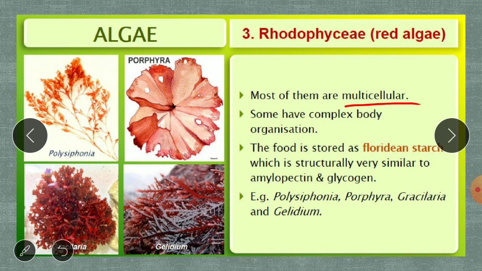Some of them have complex body organization, and the food is stored in a special type of starch known as floridean starch, which is structurally similar to amylopectin and glycogen.